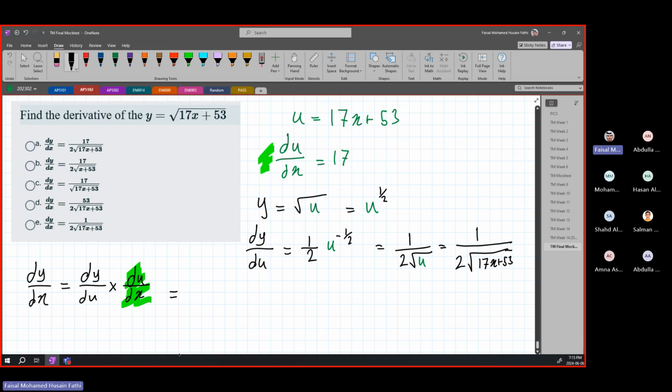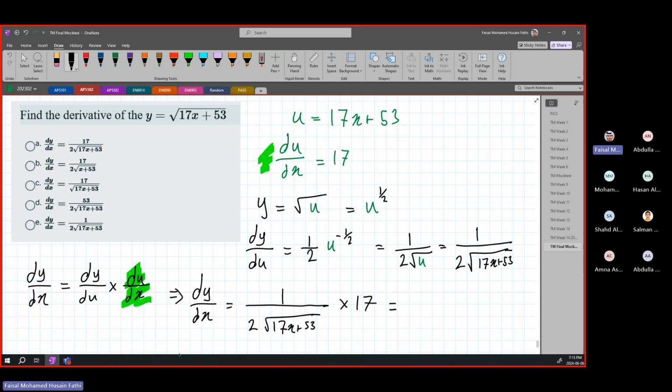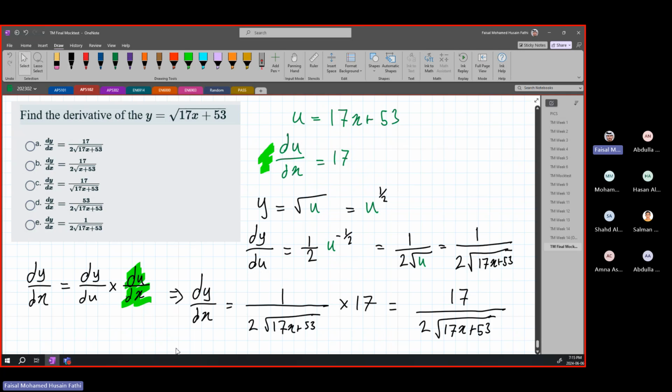So dy by dx will be equal to dy by du, which is 1 over 2 square root 17x plus 53, times 17, or in other words, you just put the 17 on top, divided by 2 the square root of 17x plus 53. All right. So it's 17 over 2 square root 17x plus 53, which is the first one. Okay. Moving on.